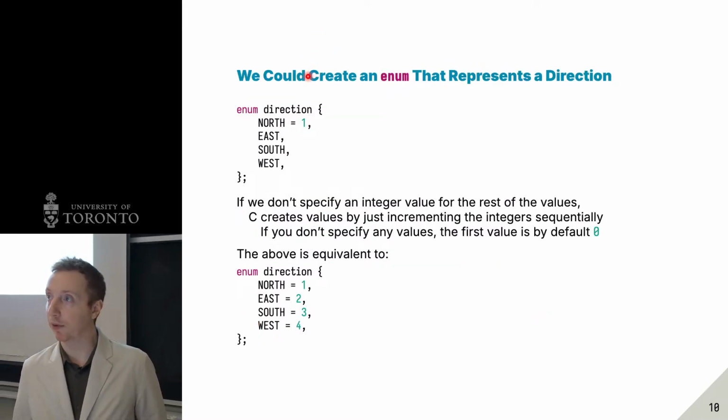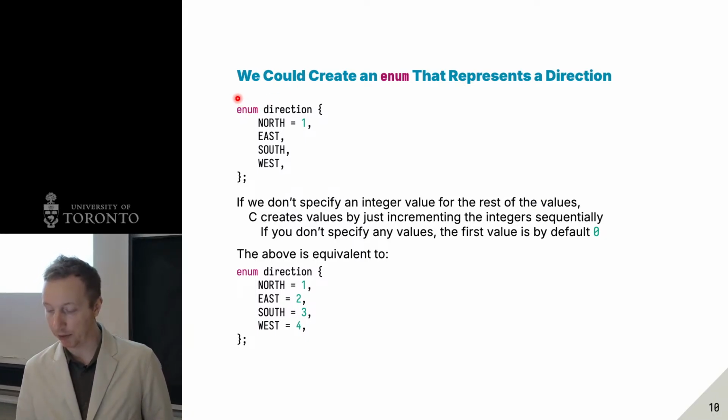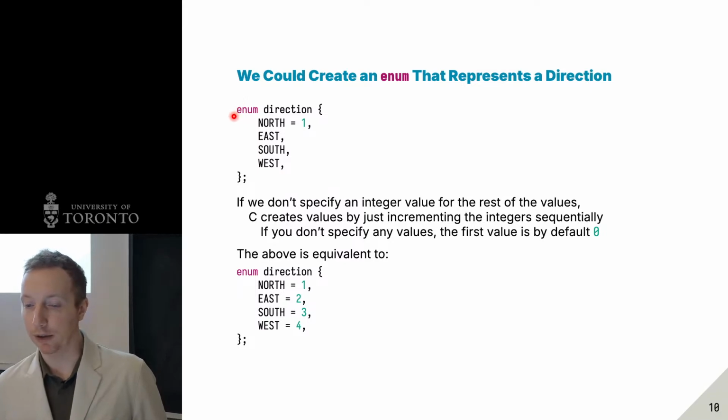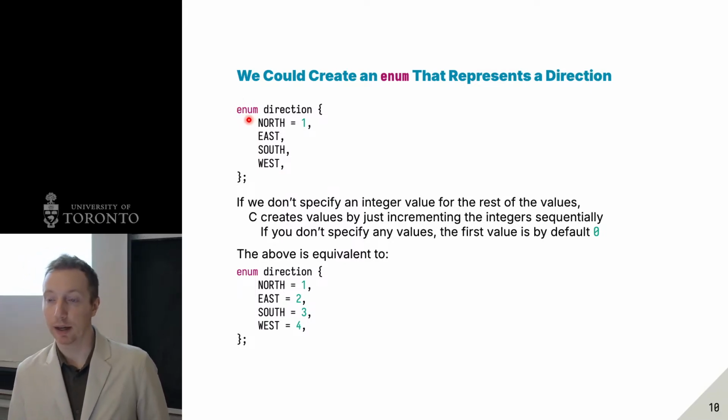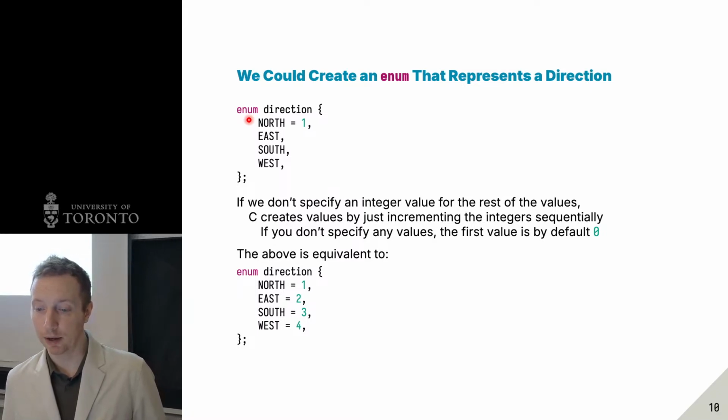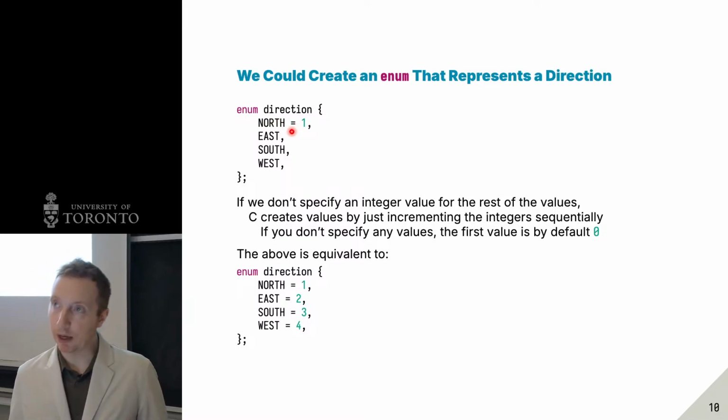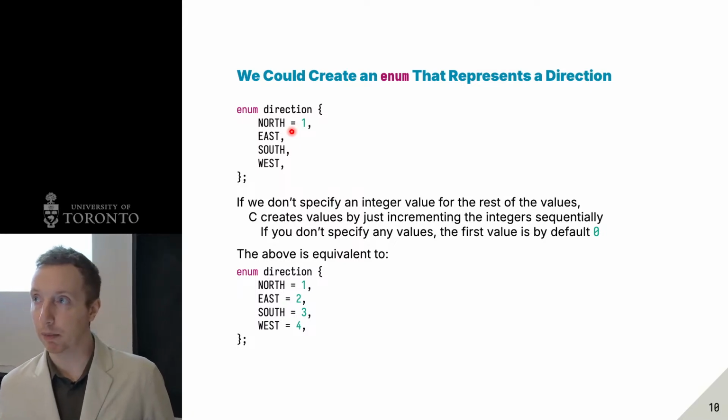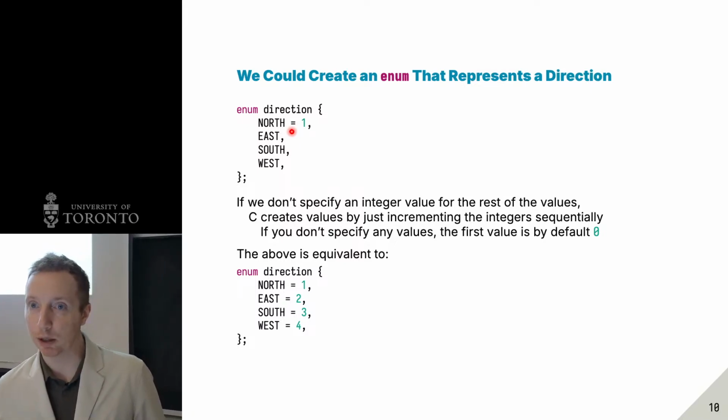So another different one you could do is create an enum that represents a direction. So I could create an enum called direction, create names for north, east, south, and west, and then I don't have to actually give each one a number. In fact, I don't have to give anyone a number.